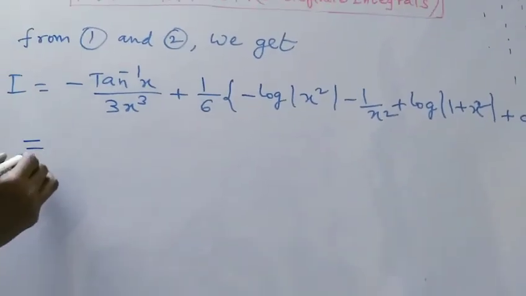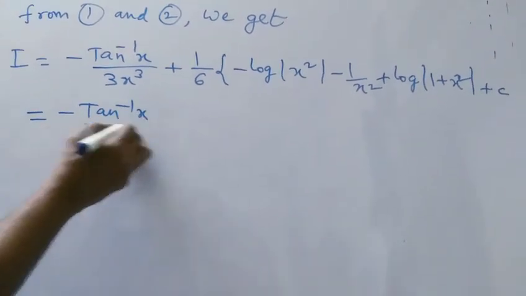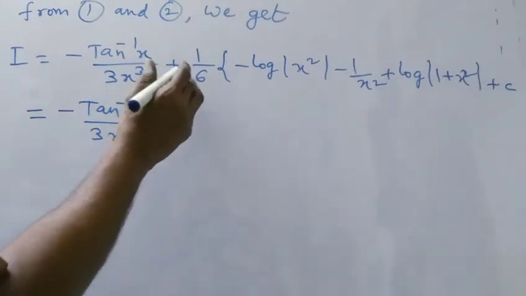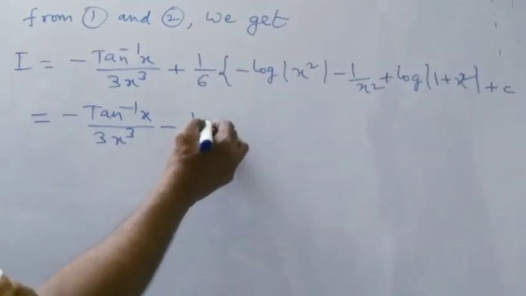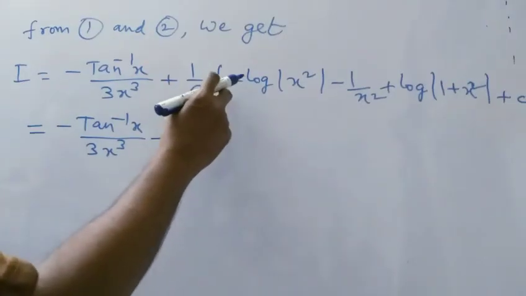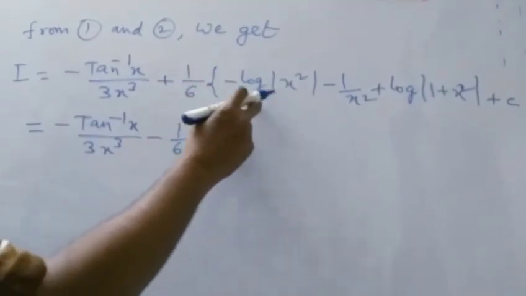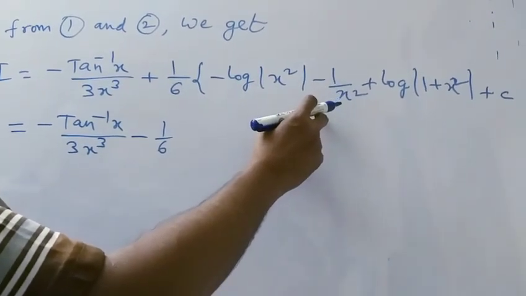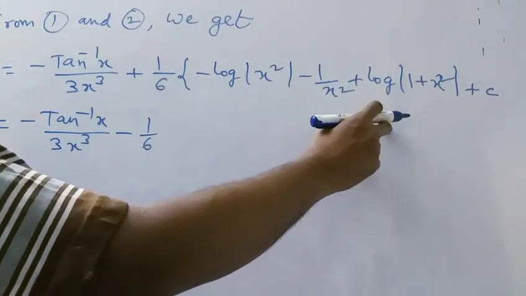This is equal to minus tan inverse x by 3x cube plus into minus 1 by 6 of log modulus. So here minus 1 by 6 of minus log modulus x square minus 1 by x square plus log modulus (1 plus x square).